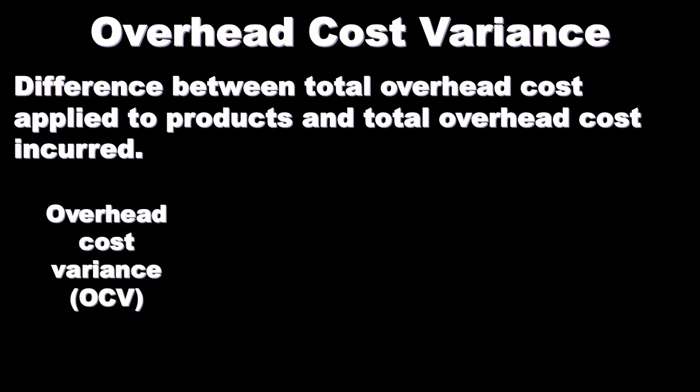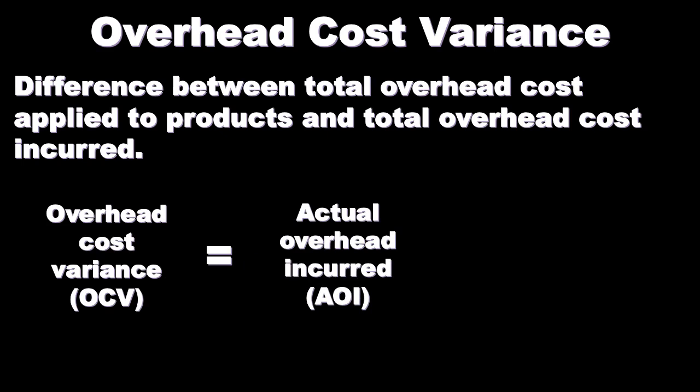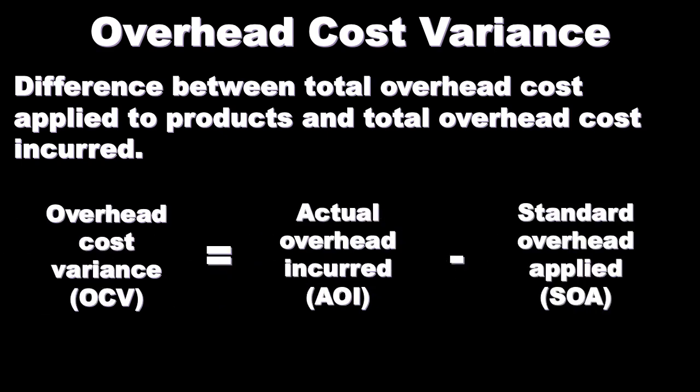So the overhead cost variance, or OCV, will be equal to the actual overhead incurred, or AOI, minus the standard overhead applied, SOA. So this is going to be our formula: the overhead cost variance, the change, is the actual overhead incurred minus the standard overhead applied.